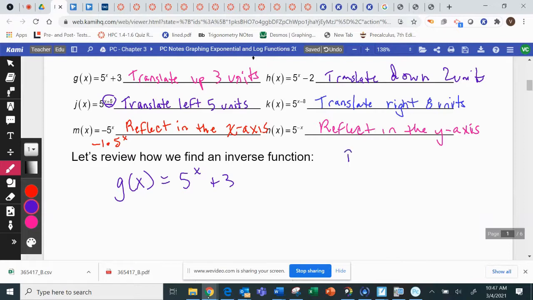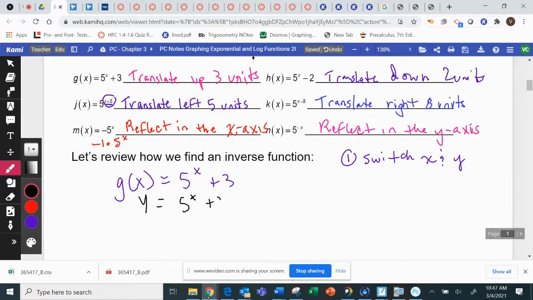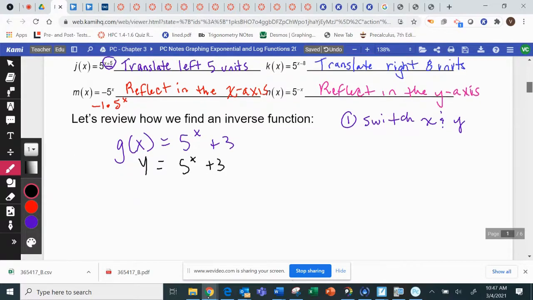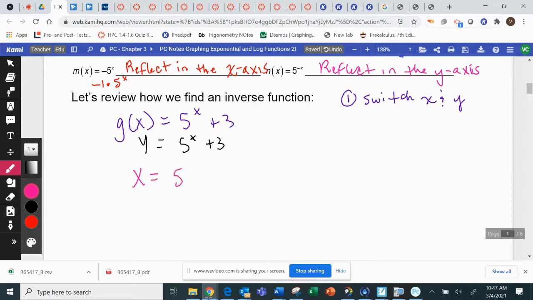The first step that we need to do is switch x and y. And I don't have a y, so I'll go ahead and put a y in there. So I'll switch x and y, and I will get x equals 5 to the y plus 3.